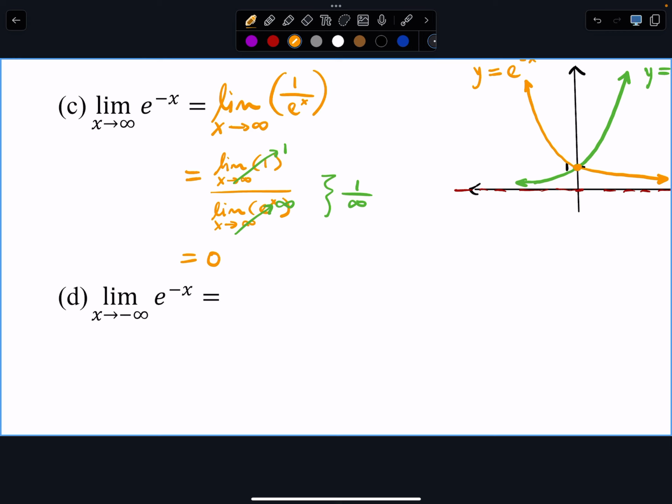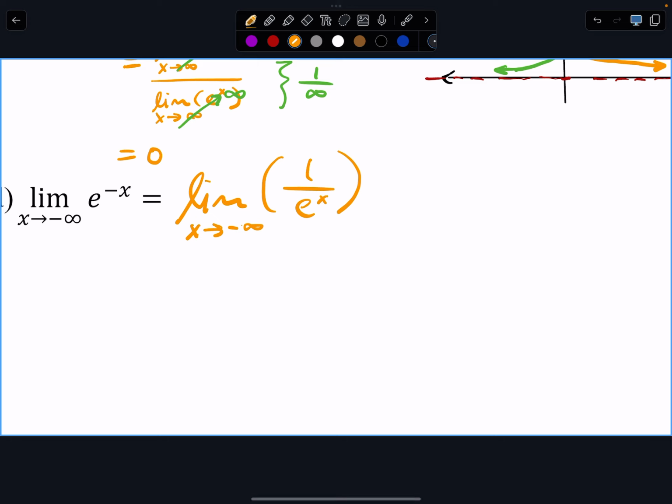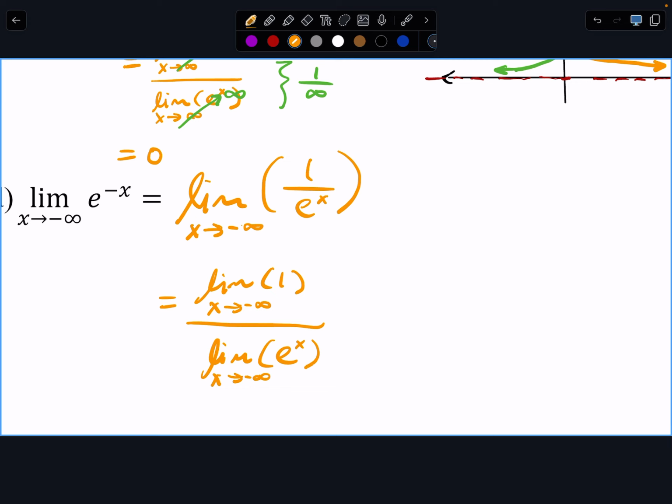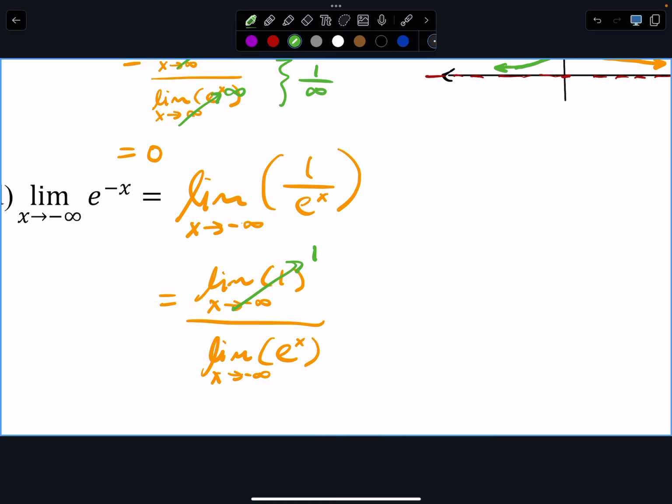You could also think about the limit written in this other form, where if I think about taking the limit of the numerator and the limit of the denominator, and you maybe aren't necessarily writing this step out, but you're thinking about it. Well, then you're like, okay, this goes to 1.